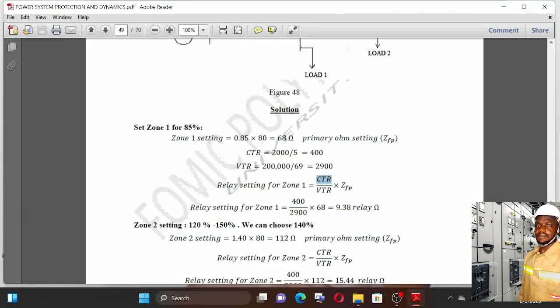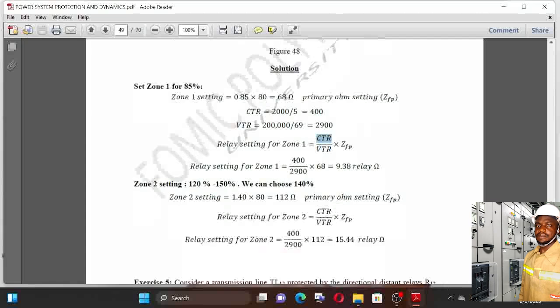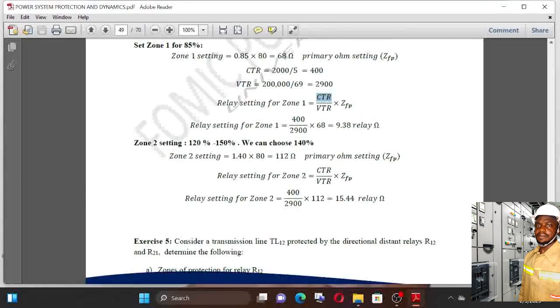Then for zone 2, we normally said it's from 120 to 150% of the impedance. So we select 140% here. If you select 120%, it's not wrong. We have selected in between, 140%. So that is 140% times 80 ohms of that primary ohm setting, right?